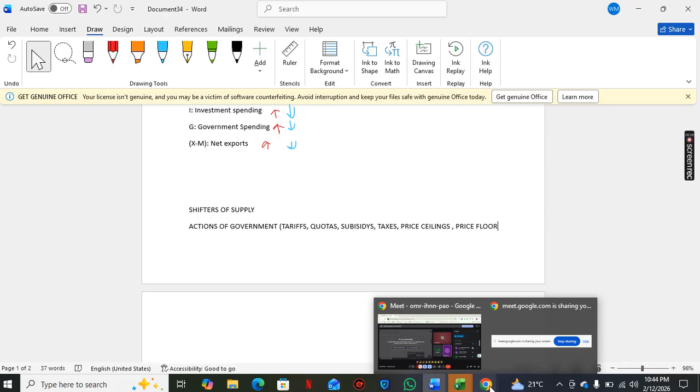Suppliers are ready to produce as much as they can, but since the price is too high for the consumers, there's a surplus of goods. So we can say aggregate supply increased. But with the price ceiling, you will find shortages. There are going to be shortages, meaning aggregate supply has dropped.